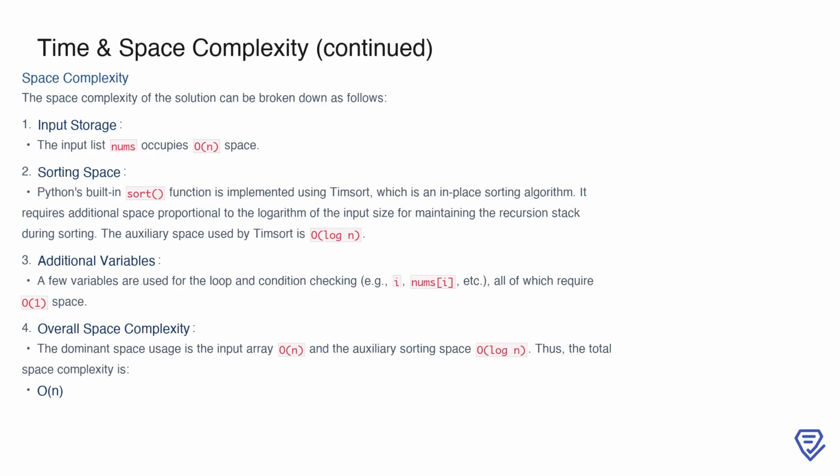Besides this, the solution uses a few variables for the loop and condition checks, such as i and individual elements of nums. These require constant space, or O(1). Therefore, the overall space complexity is dominated by the input storage, resulting in a total of O(n).